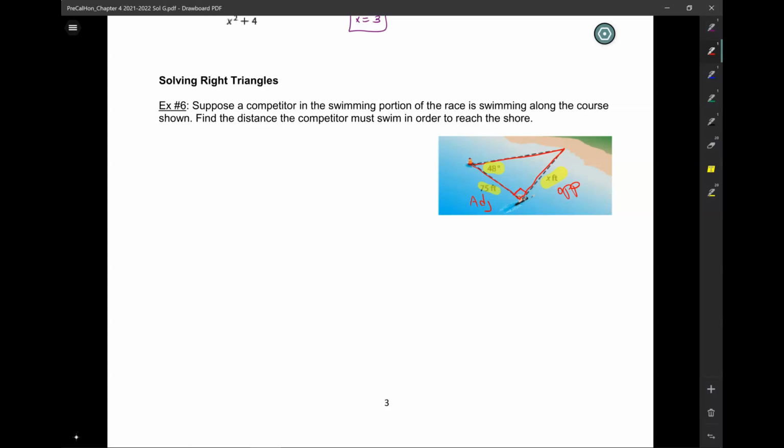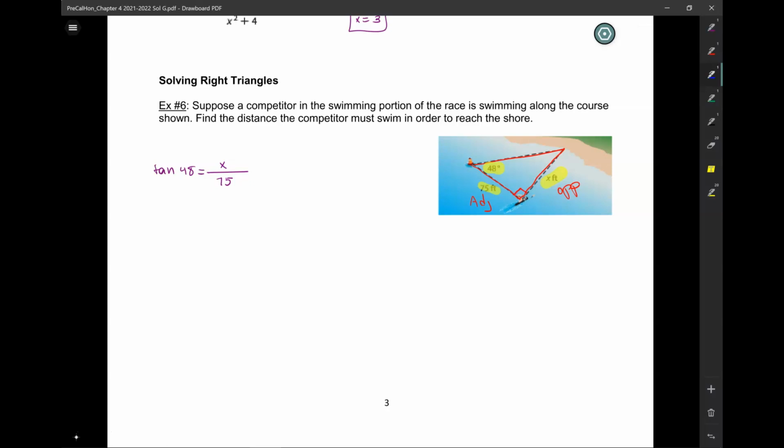Tangent. Remember, tangent of an angle is the ratio of opposite over adjacent. So tangent of 48 is equal to opposite over adjacent, and that's my mathematical equation.